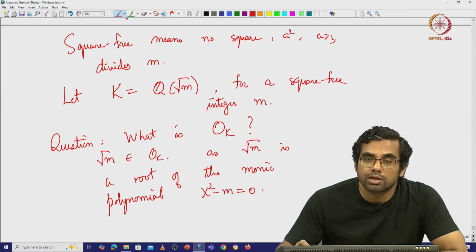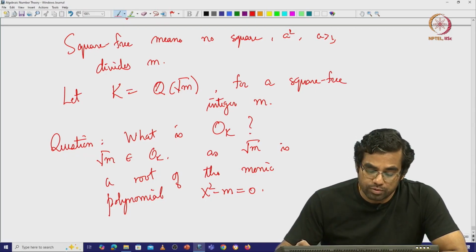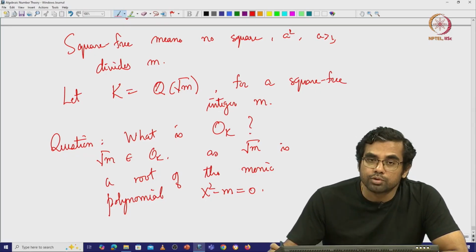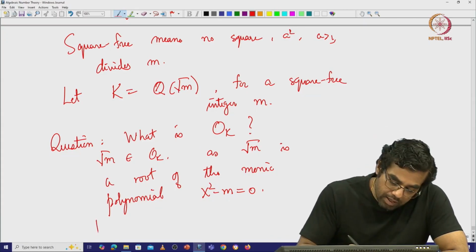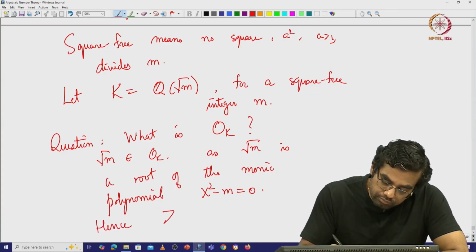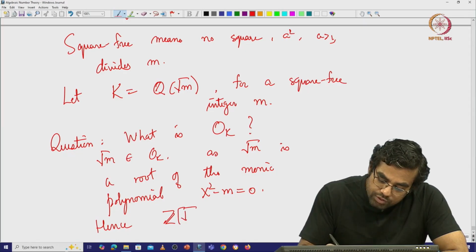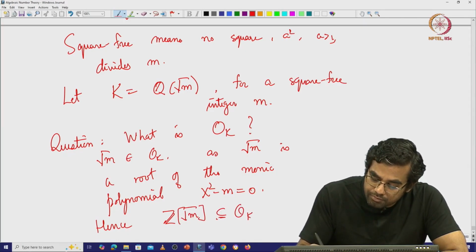We just need to show that there is a monic polynomial with coefficients in Z whose root is square root of m. So this is that monic polynomial. Hence Z[square root of m] is contained in O_K.